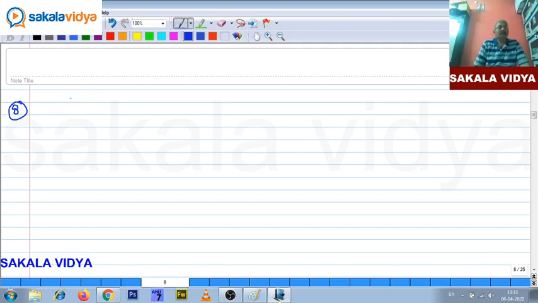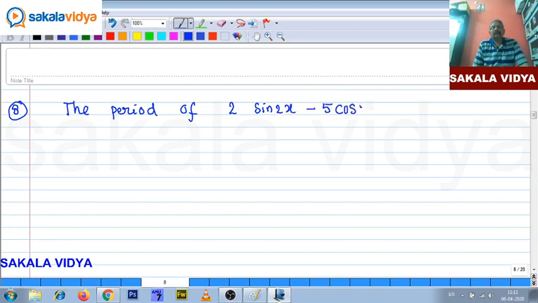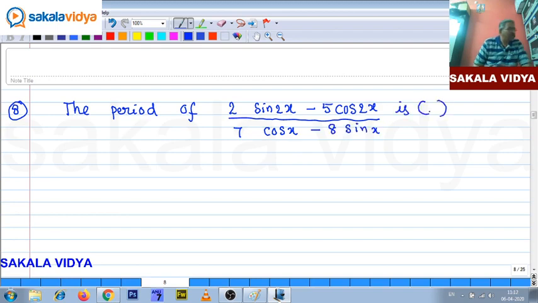Eighth question. The period of 2 sin 2x minus 5 cos 2x upon 7 cos x minus 8 sin x is, this is the question, second year syllabus.